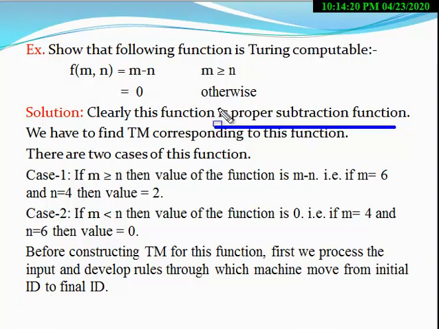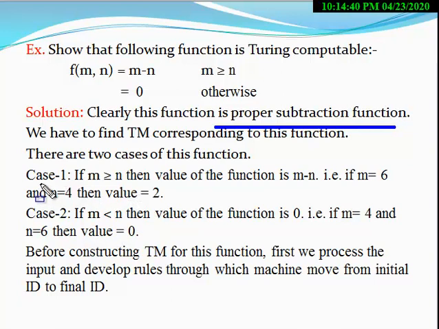Before constructing a Turing machine corresponding to this function, first we have to analyze this function. There are two cases in this function. The first case is when m is greater than or equal to n, and the second case is when m is less than n.